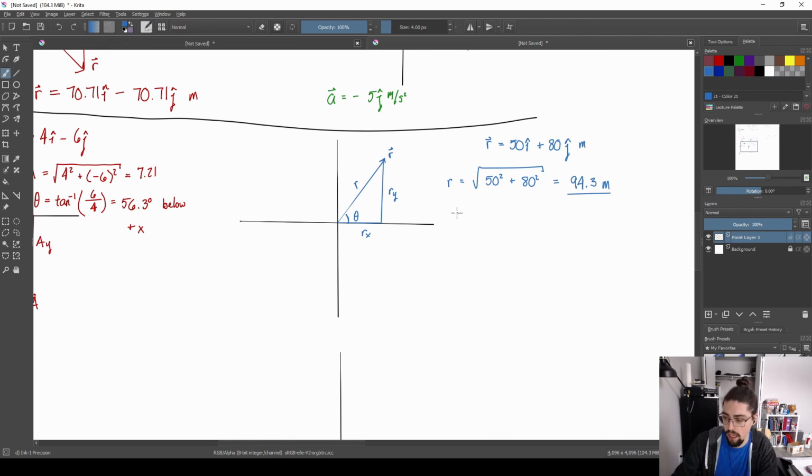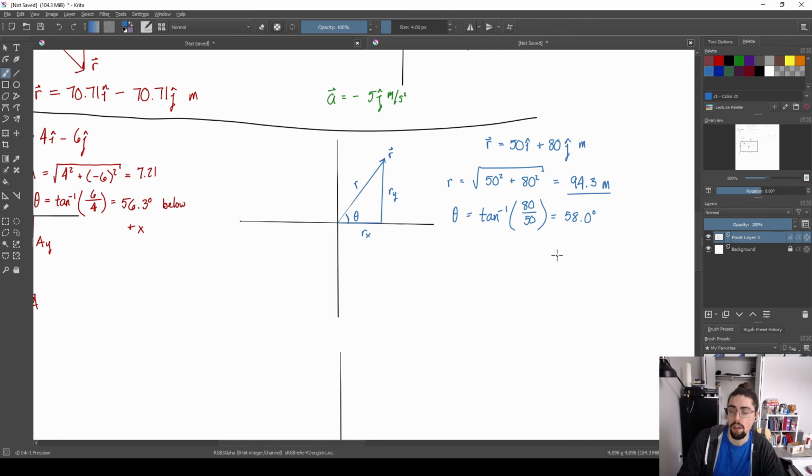My direction, theta. I don't need to take any agency away from my calculator because both of these quantities are already positive. But I am going to need to take the opposite over adjacent. So that is opposite over adjacent, r y over r x. 80 over 50. We should come out of this with an angle of 58.0 degrees.